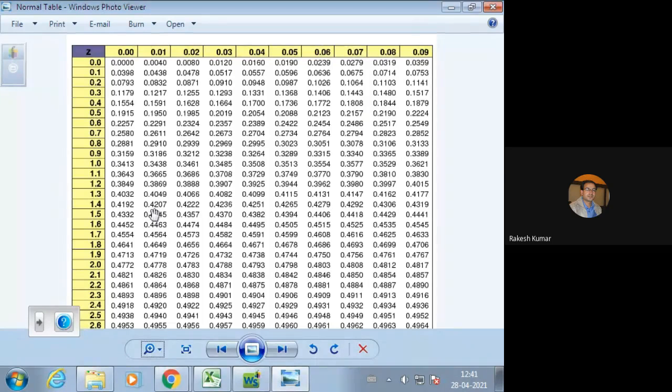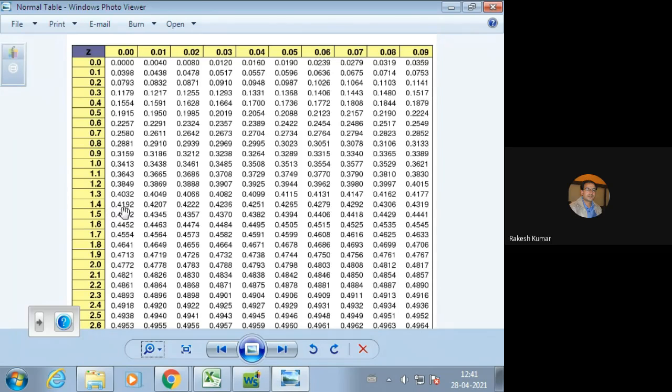I think the margin of error is again less here. So ये जो value है 0.4192, इसमें margin of error probably 0.02, and in this the margin of error will be more. So you will take this value here.